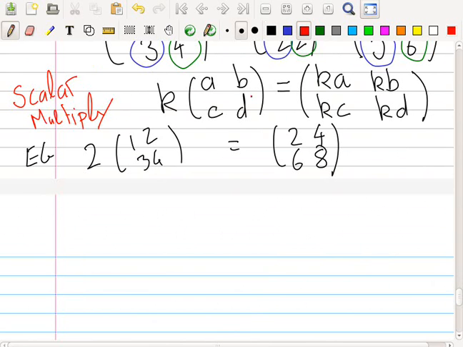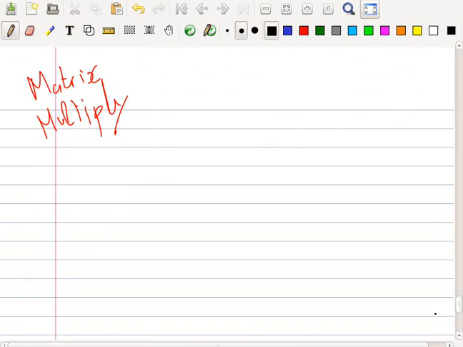So this one is matrix multiply. Very tricky rule. So if we have A, B, C, D, and you want to multiply it by W, X, Y, Z.